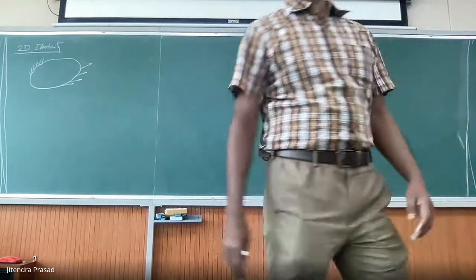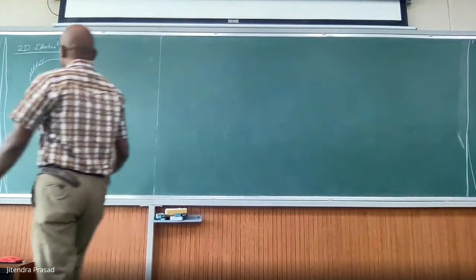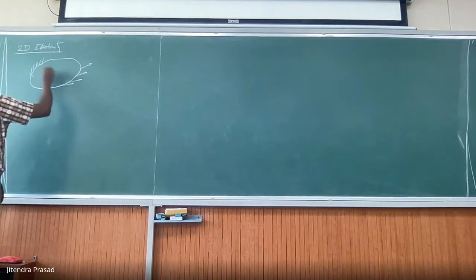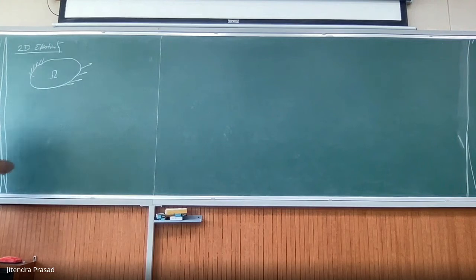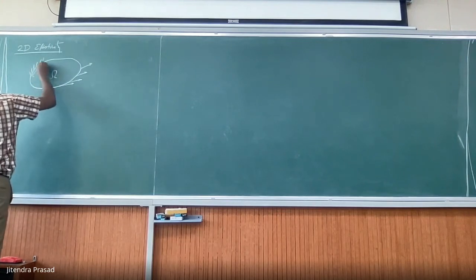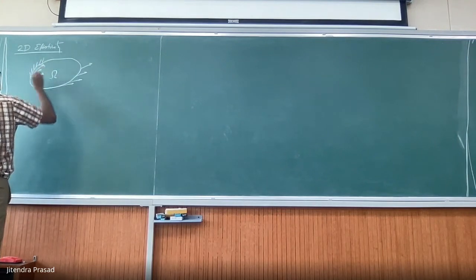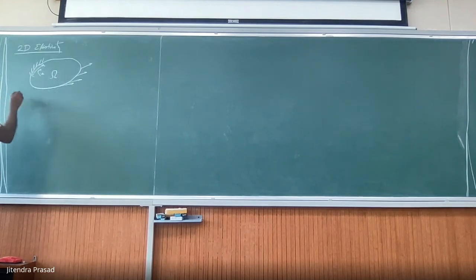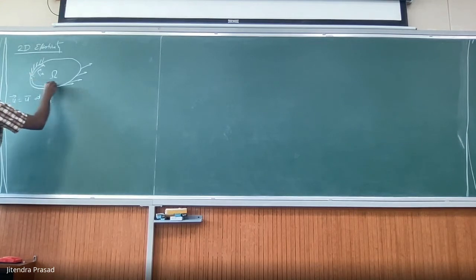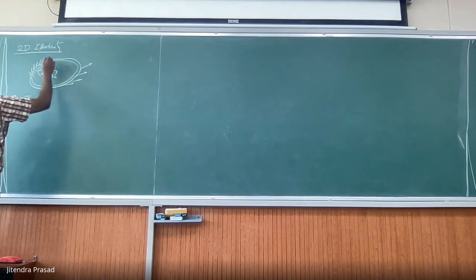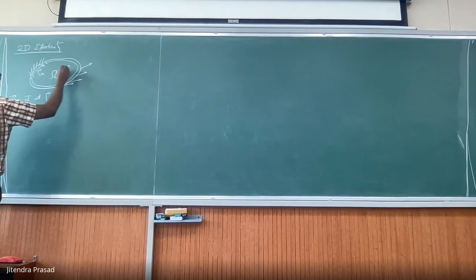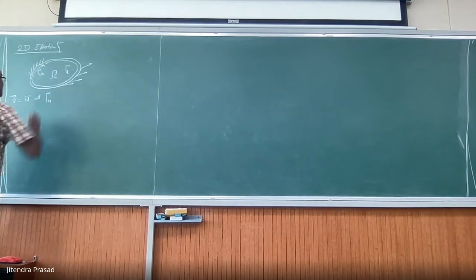So you have a domain omega, and you have a boundary, say gamma u, where u equal to u bar is given. The rest is gamma t, we call.